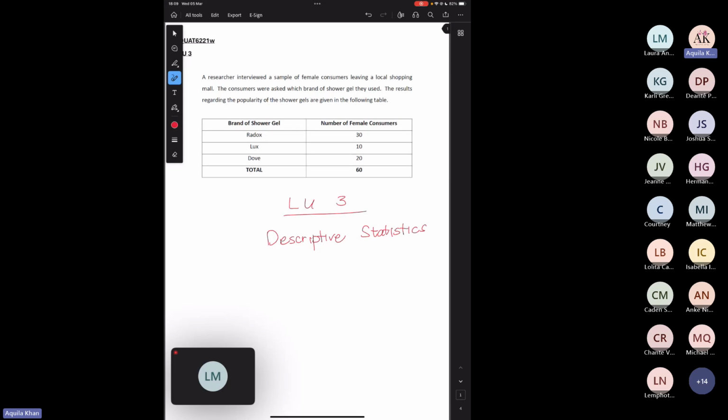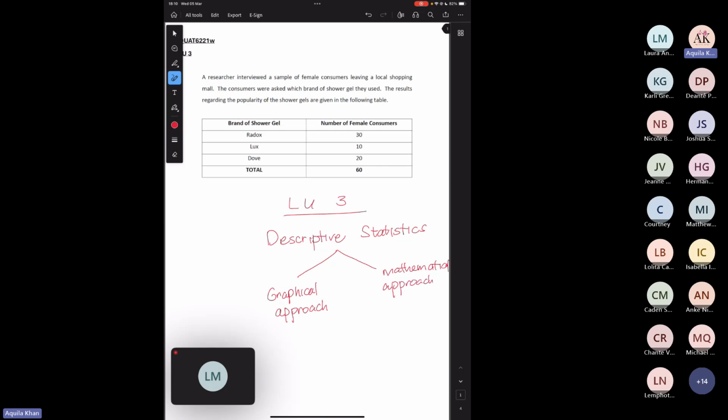There are two approaches to descriptive statistics, and both ungrouped and grouped data have these approaches. You have a graphical approach, where we look at two graphs that you're generally asked to draw up, and then you have the statistical or mathematical approach, where we're actually working out certain values or measures.